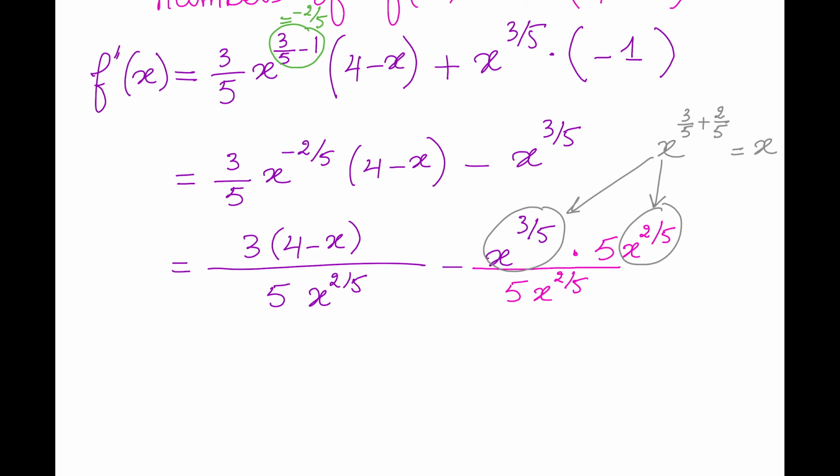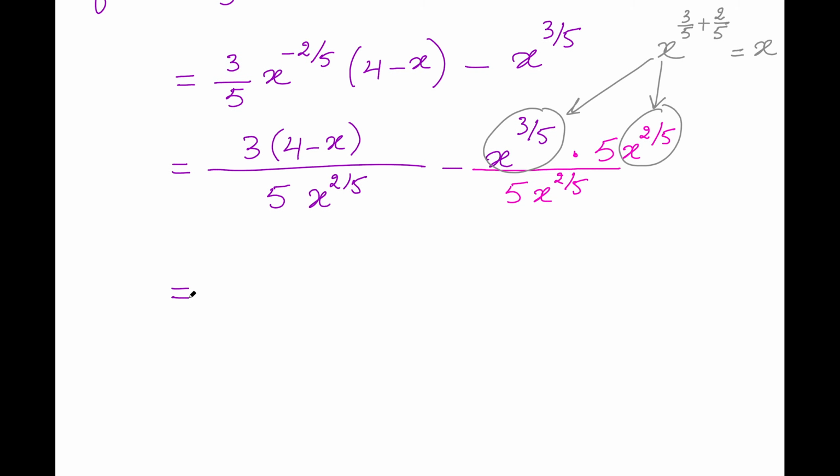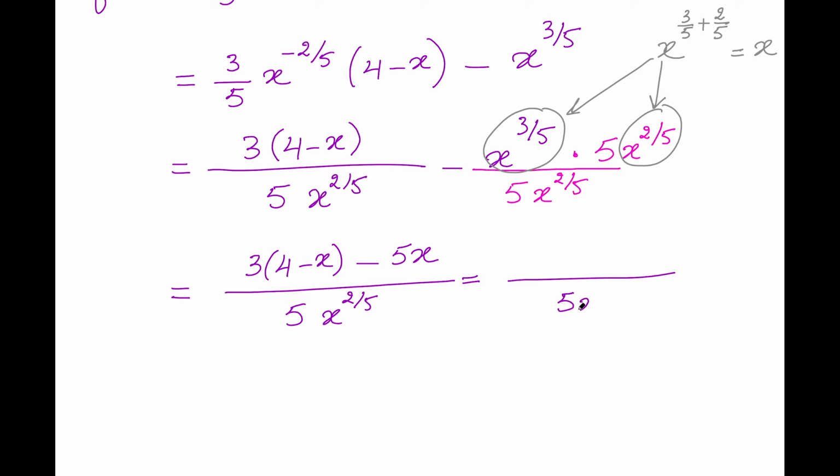So this is then equal to 3 times 4 minus x minus, this is x times 5, and the whole thing is divided by 5x to power 2 over 5. Alright, I can still simplify a little bit upstairs, 5x to power 2/5 downstairs, and let's do it quickly. 3 times 4 is 12, and 3 times x is 3x, so minus 3x minus 5x is minus 8x.